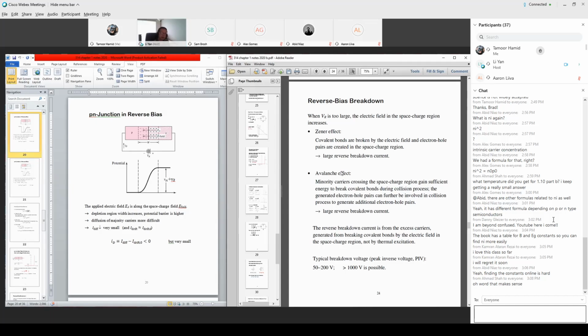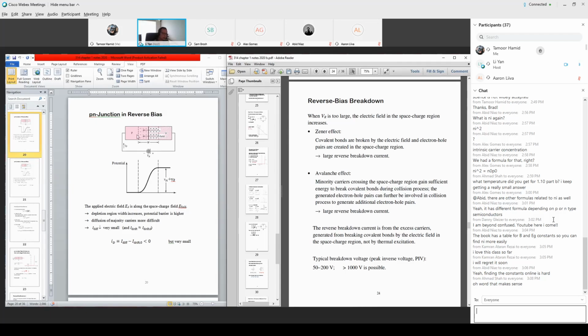The second effect is this. Minority carriers in the P region will be swept by the electric field to this side, and minority carriers in the N region will be swept by the internal field to this side.